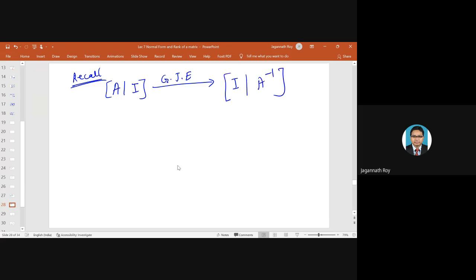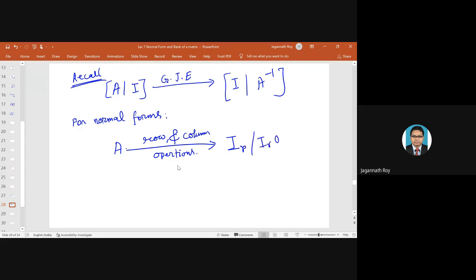Now, for the normal form, we have just seen that given a matrix, using row and column operations we'll try to find I_r, or I_r 0, or I_r 0, 0, 0 of this form.